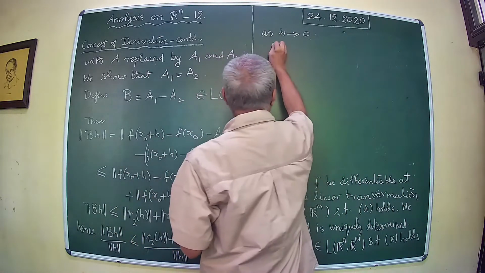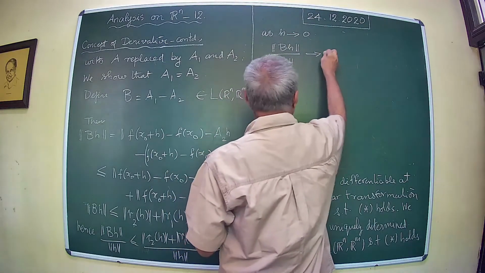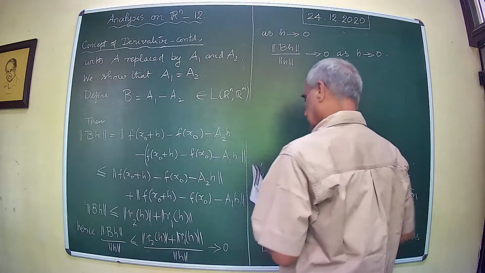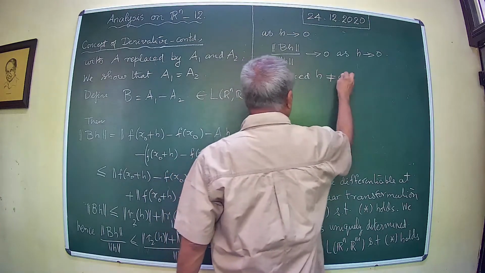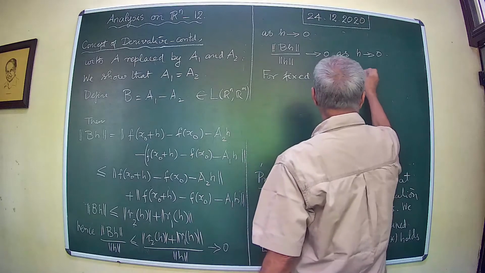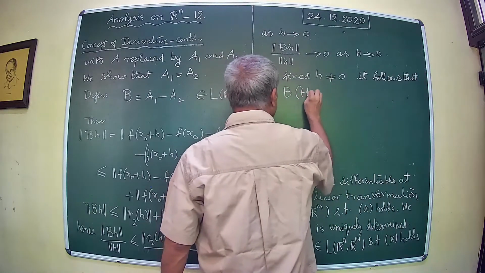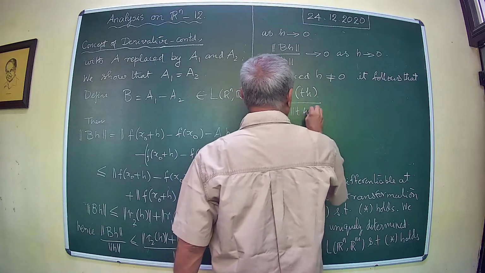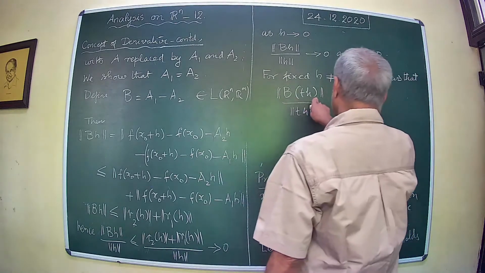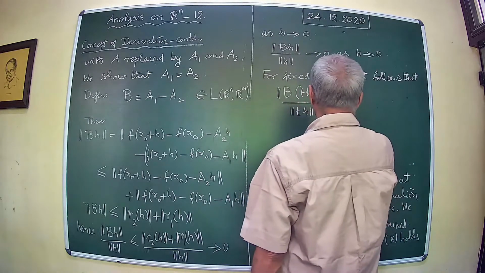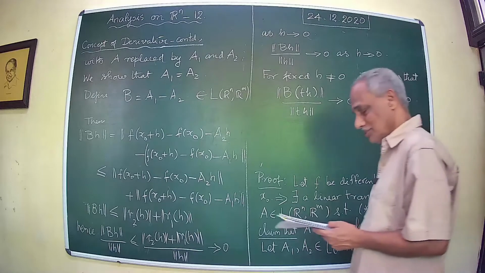Therefore B h divided by norm of h goes to 0. Now for fixed h not equal to 0, it follows that B acting over t h divided by norm of t h goes to 0 as t goes to 0, because as t goes to 0, t h also goes to 0.